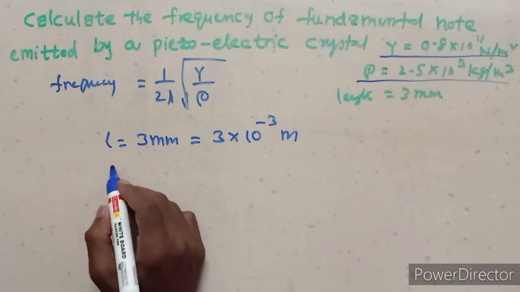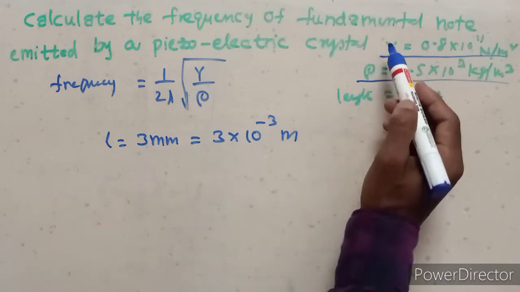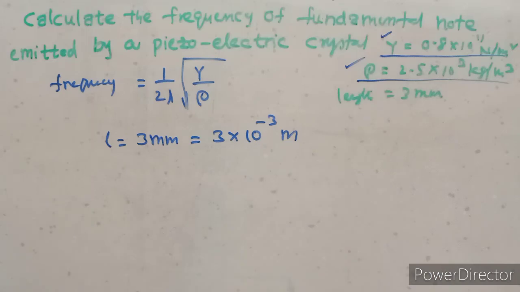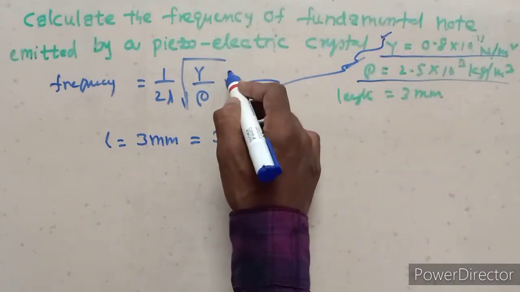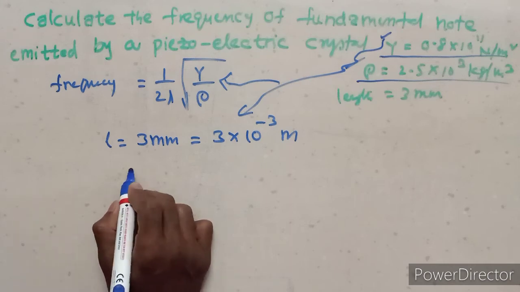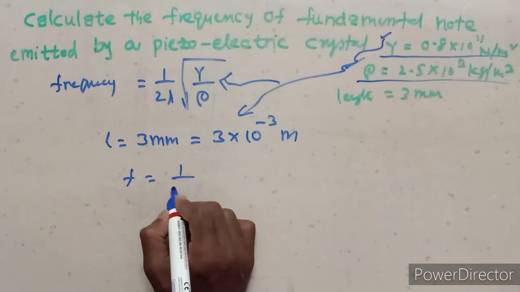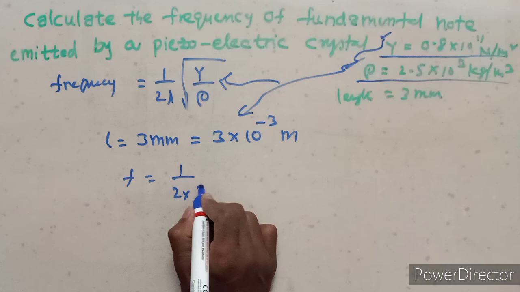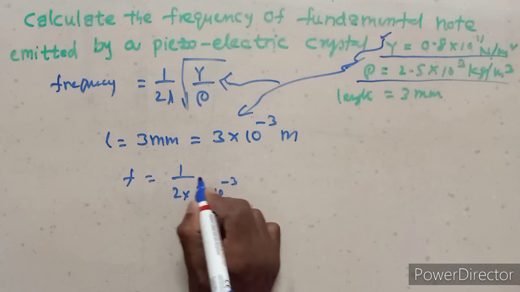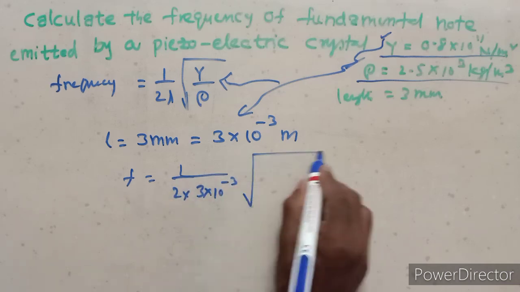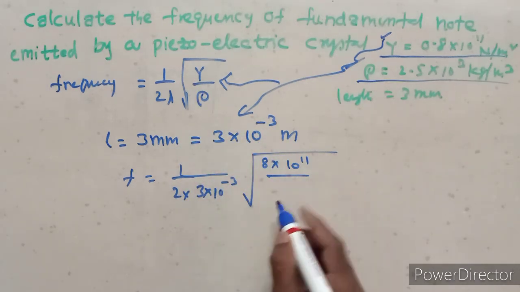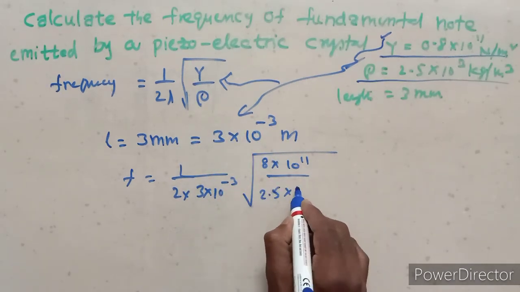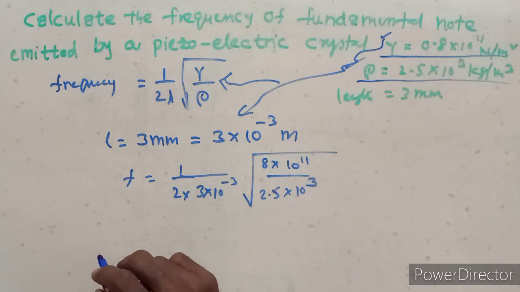We already know Young's modulus and rho, so these values are substituted in this equation. The frequency is 1 upon 2 into 3 into 10 to the power of minus 3, under root 8 into 10 to the power of 11 upon 2.5 into 10 cube.